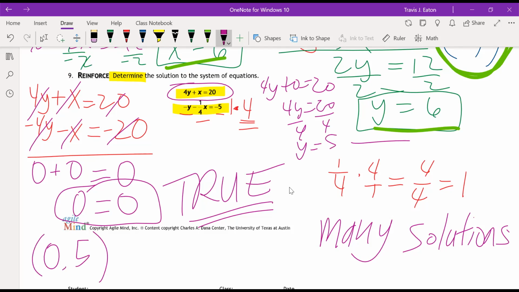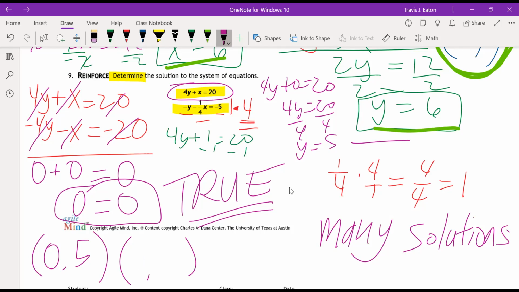And then I could do that same thing all over again by substituting. Let's say x is 1, then I would have 4y plus 1 equals 20. Oh, you know what? Life's going to be harder that way.